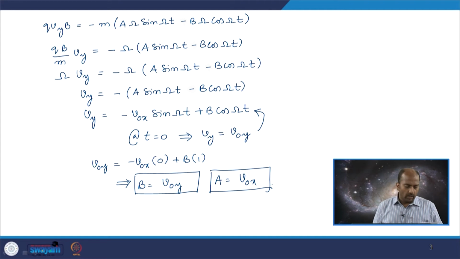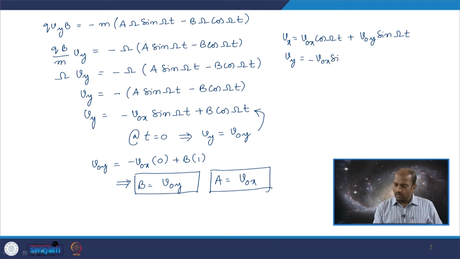Now, with the values of these two constants, we can write Vx is equal to V0x cos omega t plus V0y sin omega t, and Vy is equal to minus V0x sin omega t plus V0y cos omega t, and Vz is equal to V0z.